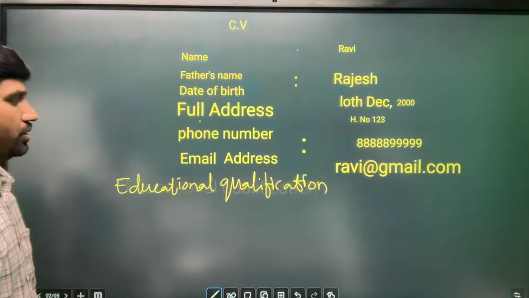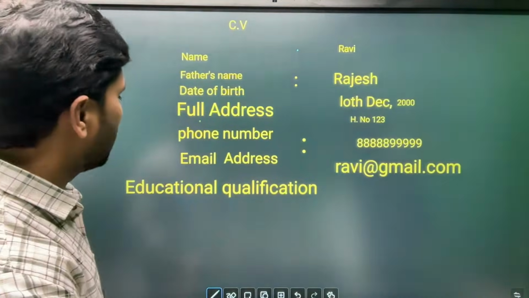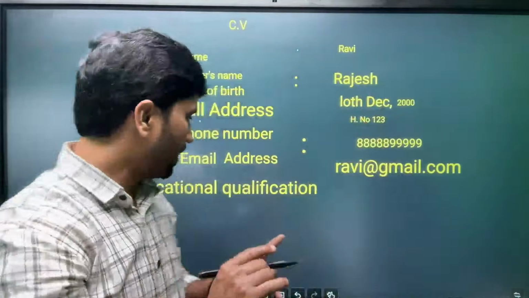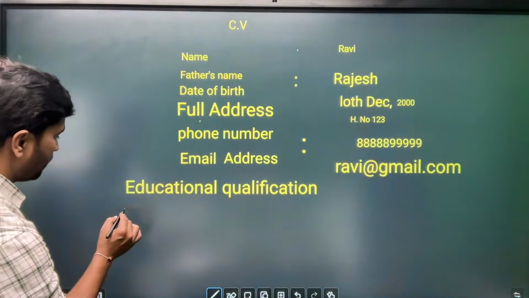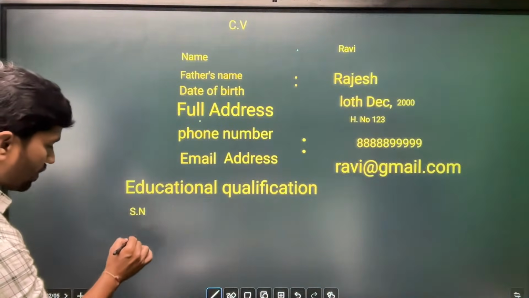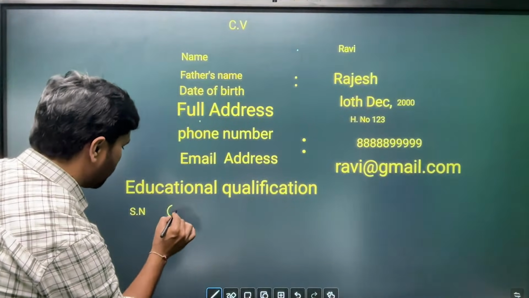Okay. So, educational qualification. The next side heading is educational qualification. While writing educational qualification, we make a table. The first column is the serial number: 1, 2, 3, 4, 5. Then the next one is qualification.